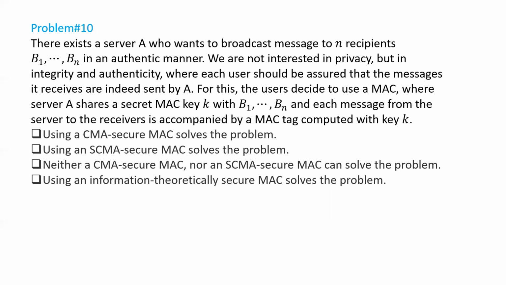And SCMA security ensures that it need not be the case that M star does not belong to the query phase messages. It can, but overall the pair M star, T star should not be equal to any of the valid message tag pairs already seen by the adversary. So that is the difference between CMA and SCMA security.